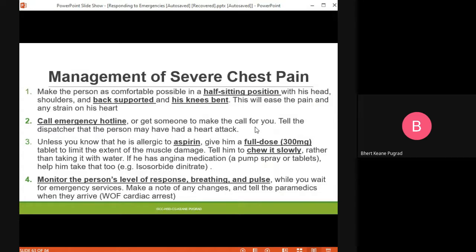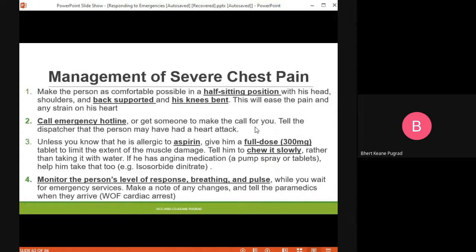When you give the aspirin, ask the patient to chew it slowly rather than taking it with water. Okay? You could also help him take anti-angina medications such as a pump spray or tablets. Or you can also give Isordil, or isosorbide dinitrate. Usually, it is placed under the patient's tongue, or sublingual.